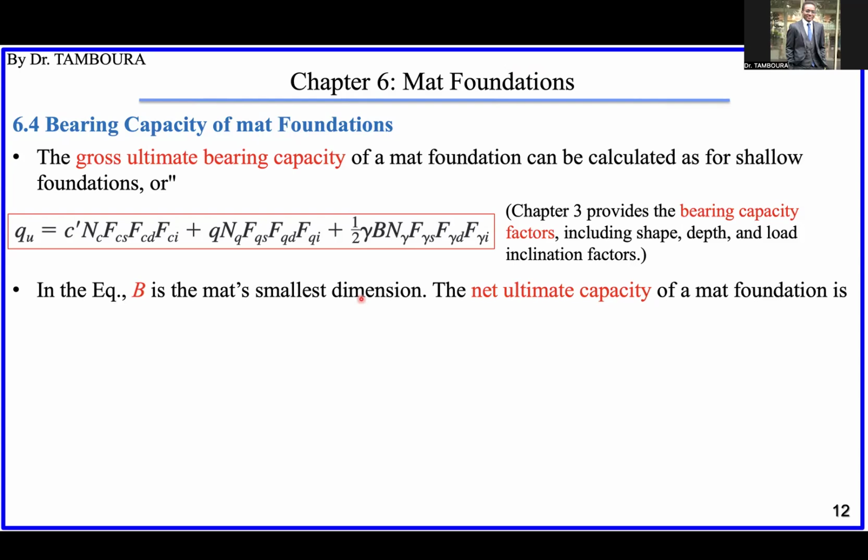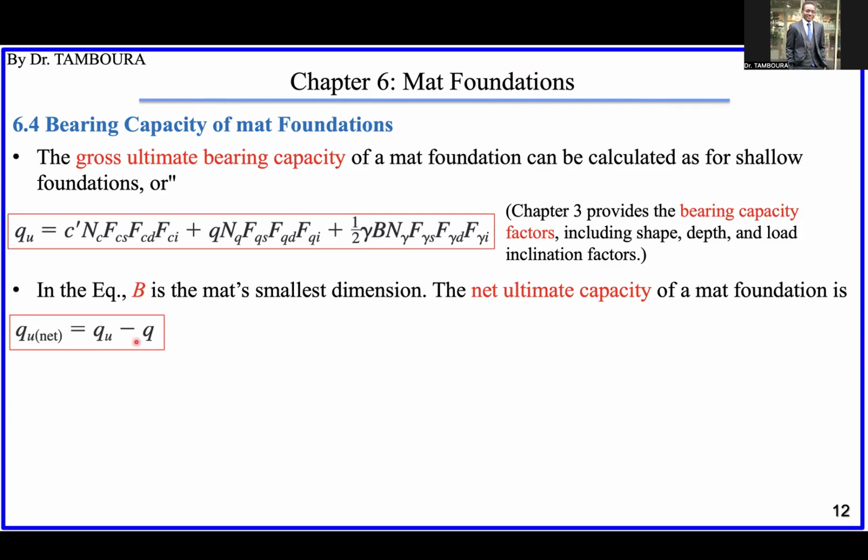If you want the net bearing capacity, remember you have to remove q, the overburden pressure, which is just D_f multiplied by gamma. It's easy. So this is gross, and this is net.